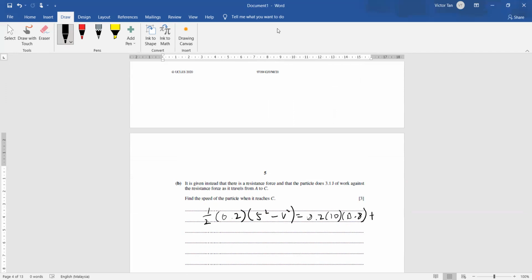Always, work done against friction is a gain in energy. So this is 0.1 times 25 minus v squared equals 2 times 0.8, 1.6, plus 3.1 is 4.7. 0.1 times v squared equals 25.